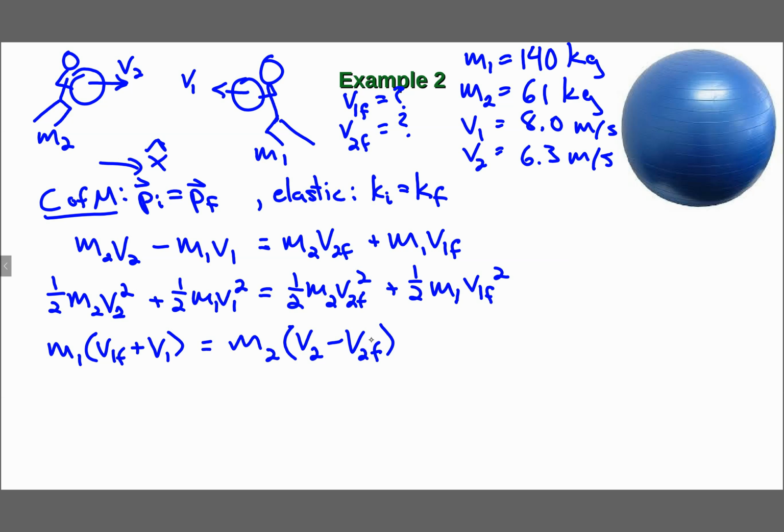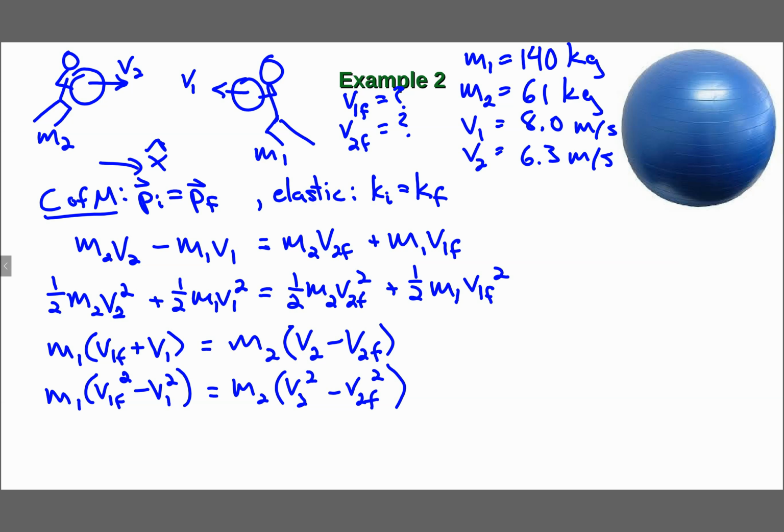I'm going to bring all the m2s to one side and all the m1s to one side, and I'm going to end up with m1 times v1f squared minus v1 squared equals m2 times v2 squared minus v2f squared.